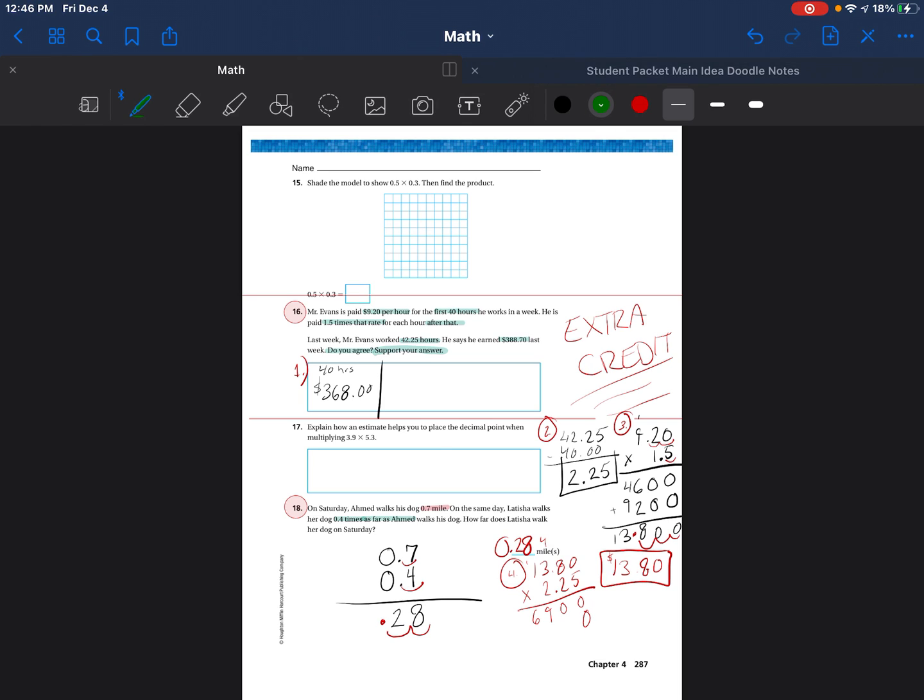And I'm going to change my colors here so I don't get confused. 2 times 0 is 0. 2 times 8 is 16. 2 times 3 is 6, plus 1 is 7. 2 times 1 is 2. And because I'm going 3 places now, I have to do 2 placeholders. And that's actually going to be the same as my second line because it's a 2 again. So I can go ahead and just write down 276 again.